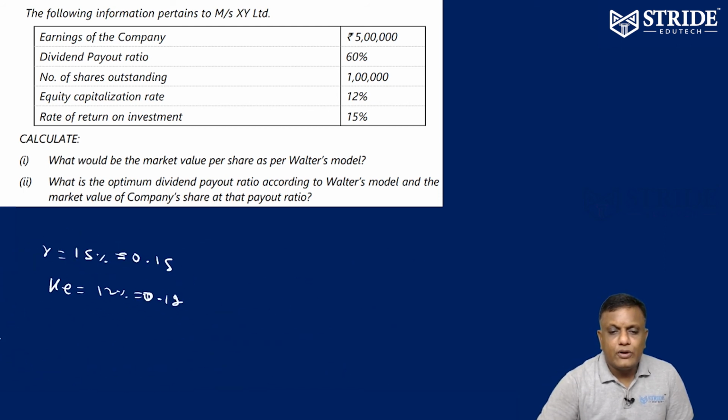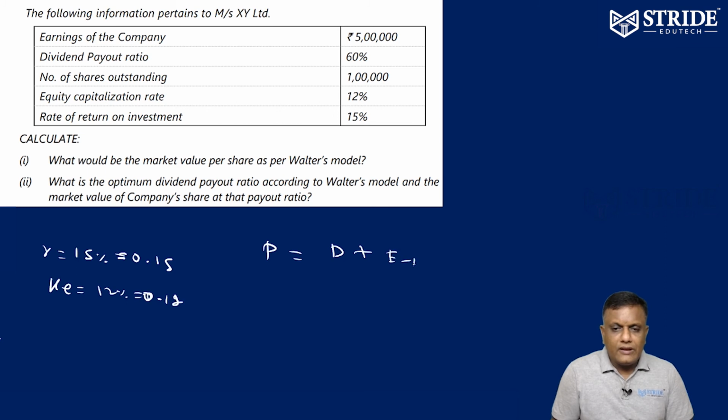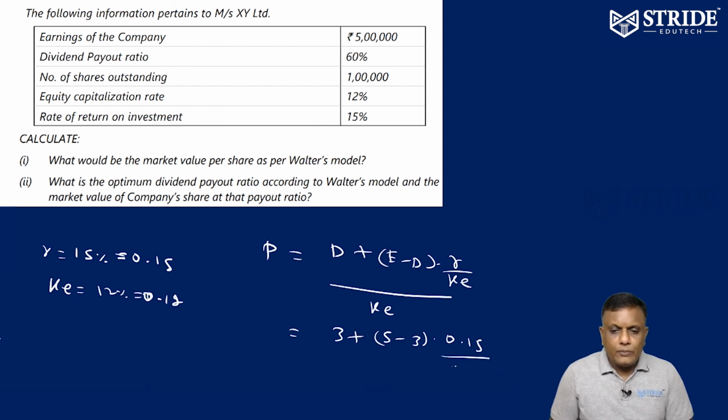Substitute in the Walter's formula. So market price P is equivalent to D plus E minus D into R by KE by KE. D is 3, E is 5 per share, into rate of investment 0.15 by KE 0.12, by KE 0.12.